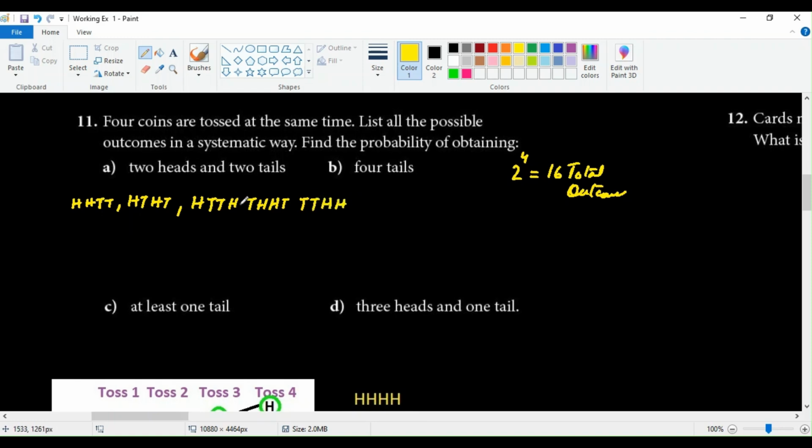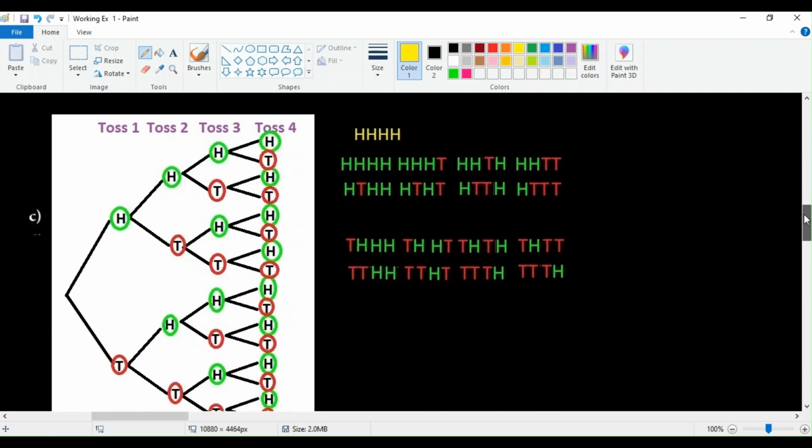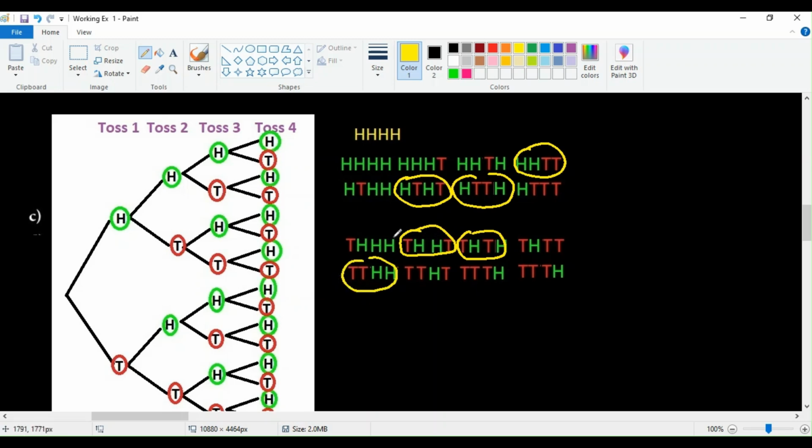So these are six possibilities. Let's check. Two heads: first possibility, second possibility, third possibility, fourth possibility, fifth possibility, and sixth possibility. So these are all the possibilities to have two heads and two tails.